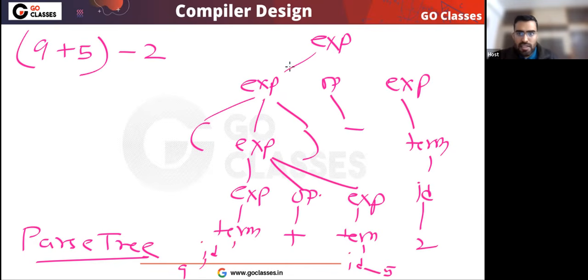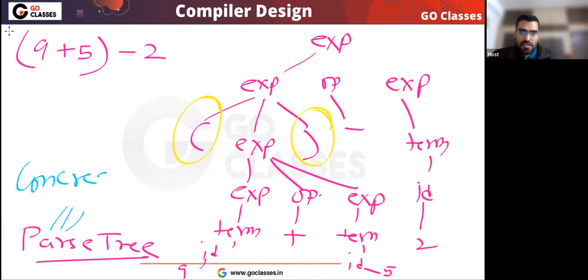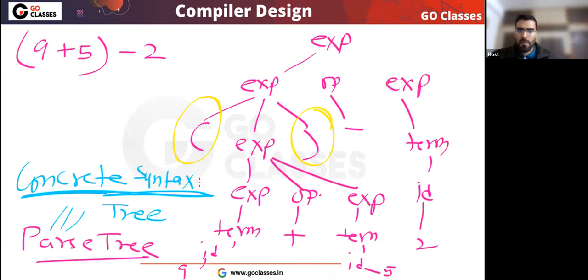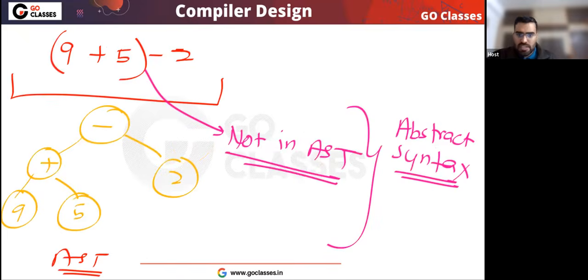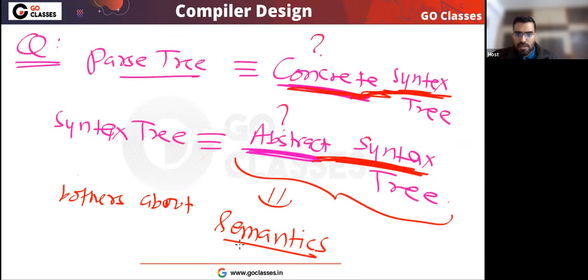So can you see this? Focus on this point. Can you see that the parse tree is basically, that is the reason this is called concrete syntax tree. It actually deals with the syntax, but it does not bother about small details.